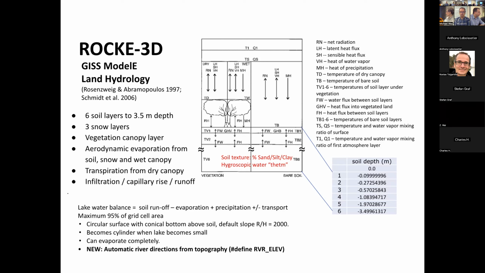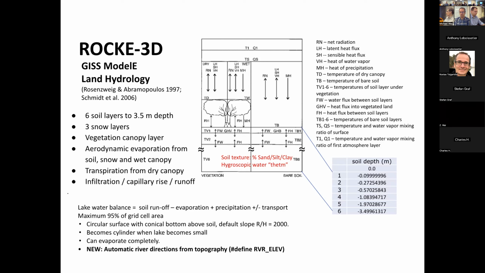This plot doesn't even show snow, which is also on the ground and can also be on the canopy.